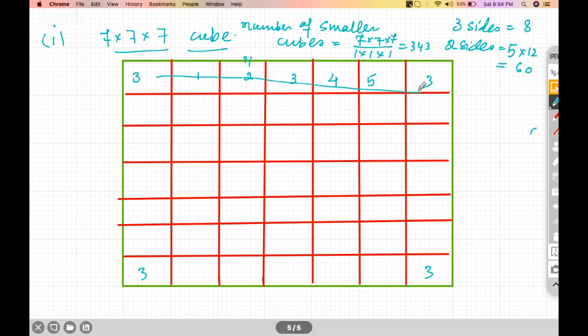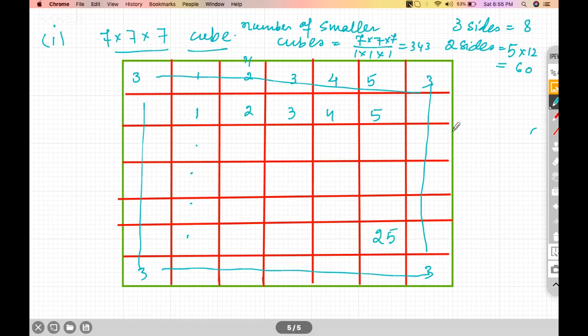Now you remove this, this, this, and this. So this comes out to be 1, 2, 3, 4, 5, and there are 5 lines like this, 1, 2, 3, 4, 5. So there are 25 on one surface. So one side would be 25 into 12, 300.